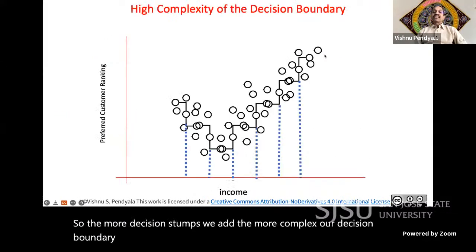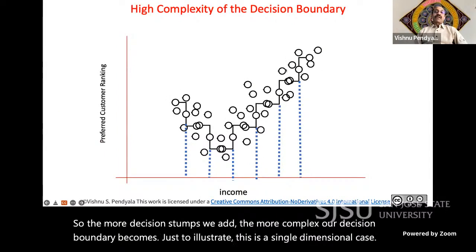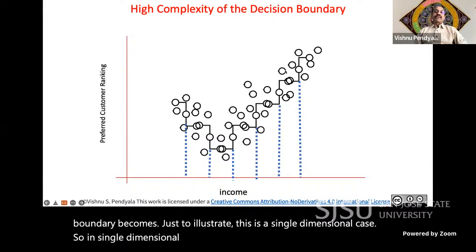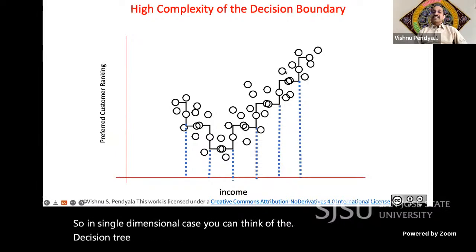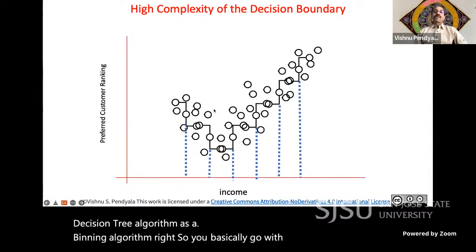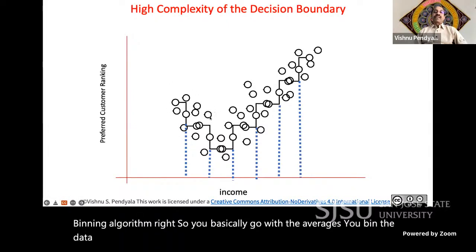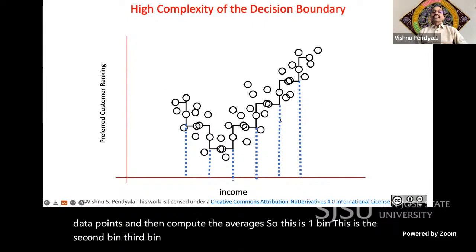So just to illustrate, this is a single dimensional case. In a single dimensional case, you can think of the decision tree algorithm as a binning algorithm, right? So you basically go with the averages. You bin the data points and then compute the averages. So this is one bin, this is the second bin, third bin, fourth bin, and so on.